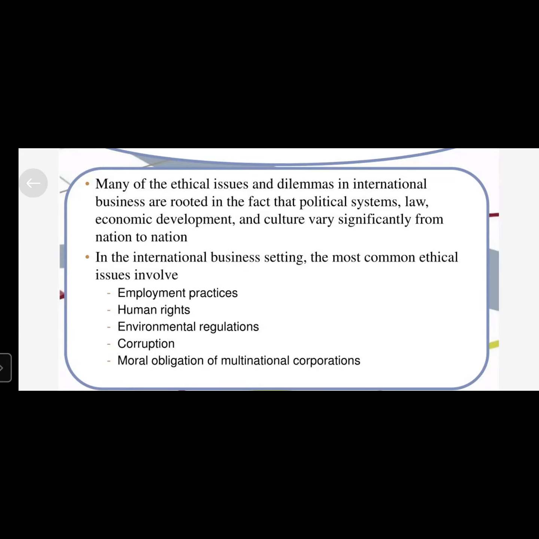Fundamental rights, मूलभूत अधिकार. Now, these rights are given to all the people who are born in India or who are citizen of India.